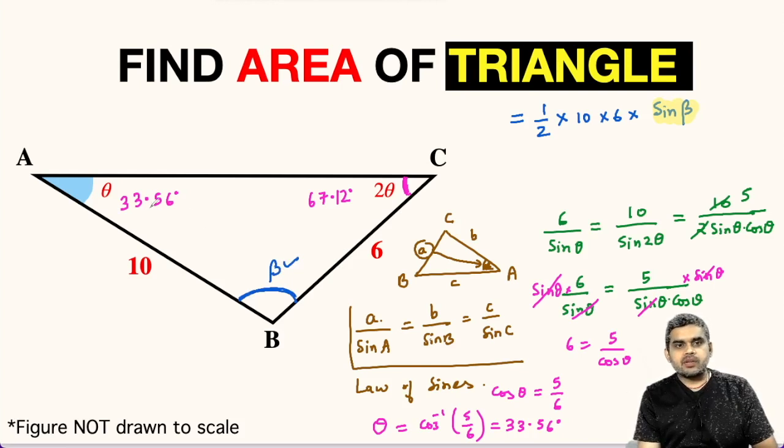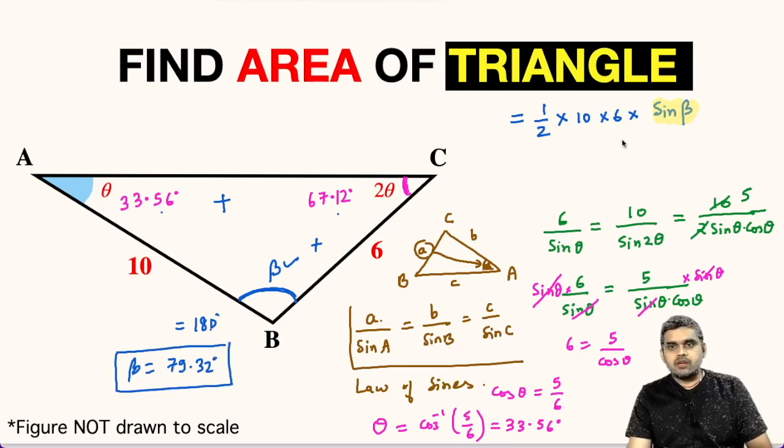So 33.56 plus 67.12 plus beta is equal to 180 degree. So beta will be 180 minus 33.56 minus 67.12, which will give us beta is equal to 79.32 degrees.